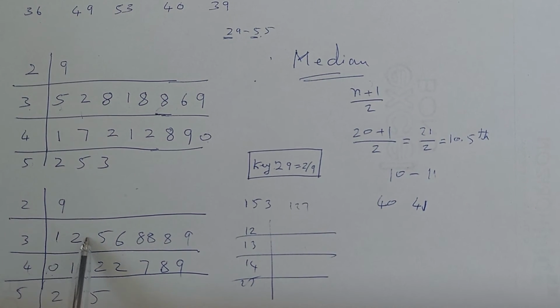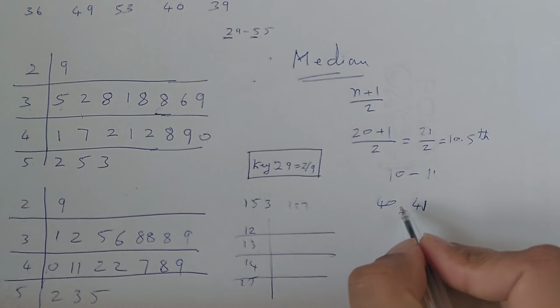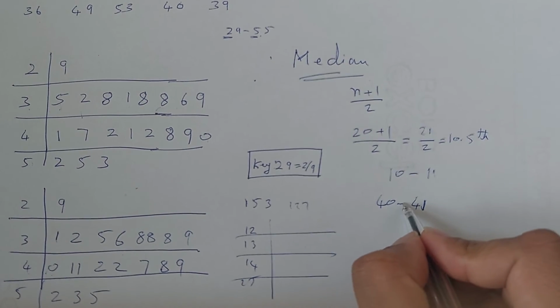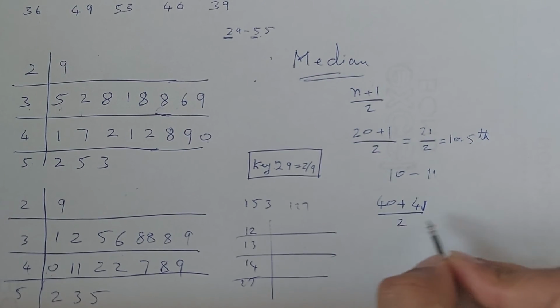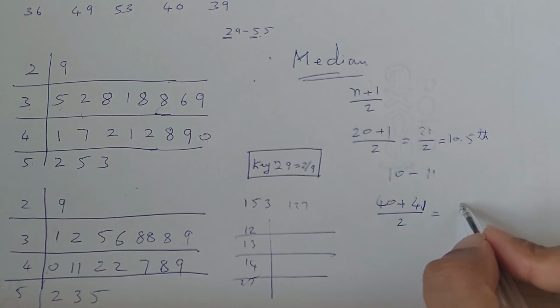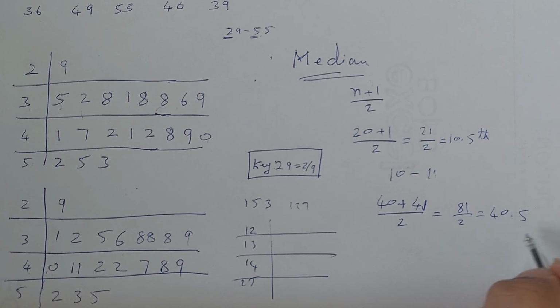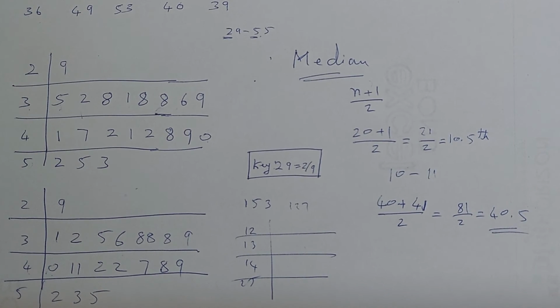So 1, 2, 3, 4, 5, 6, 7, 8, 9, 10, 11, like that. It's easier to pick. Sometimes you'll have just one value, pick it. If you have two values, add them, divide by 2. So which is 81 over 2, which is 40.5. This is your median.